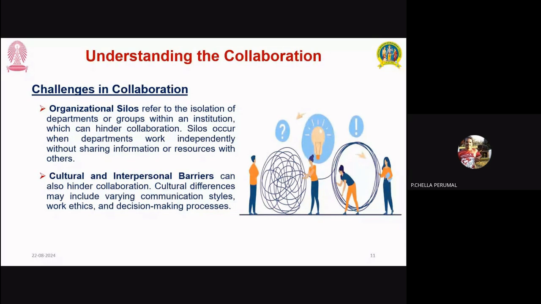For example, a university biology department may not collaborate with its chemistry department, even though their research could benefit from each other's expertise. This lack of collaboration can lead to duplicated efforts, wasted resources, and missed opportunities for innovation.